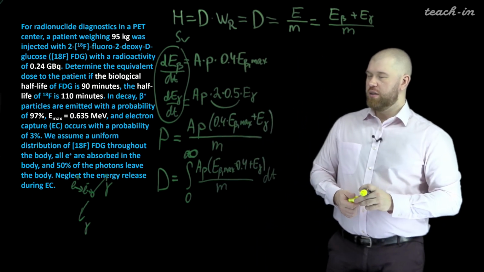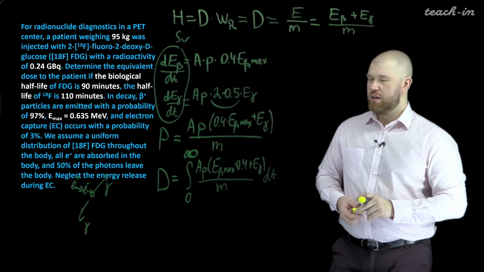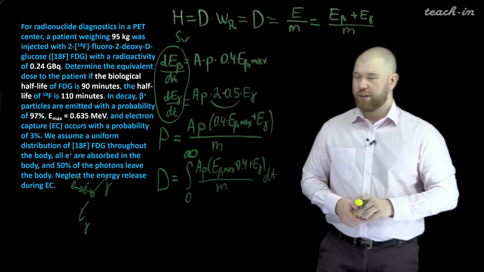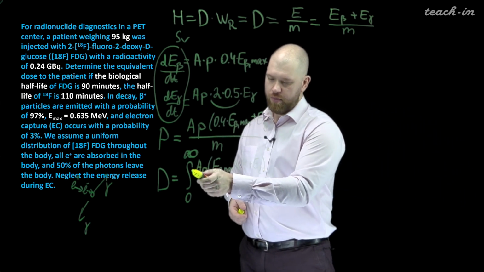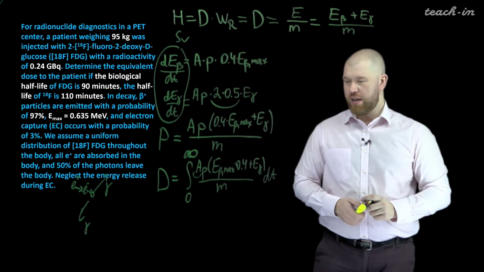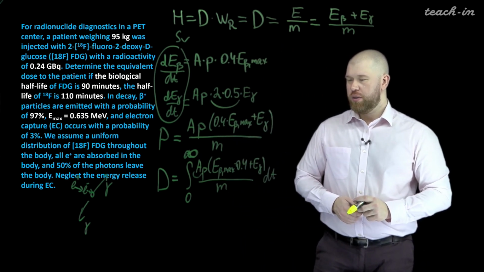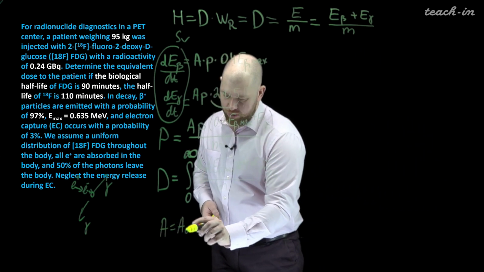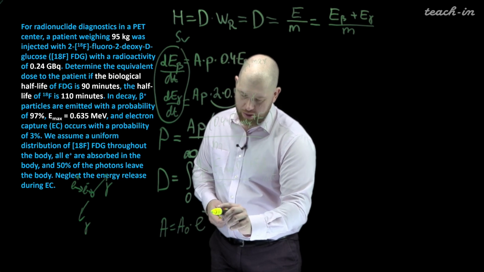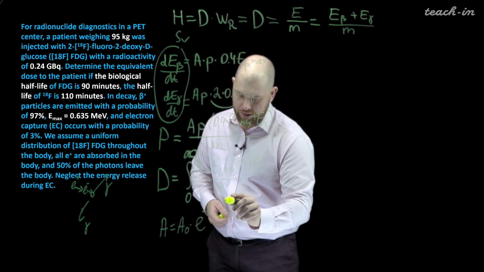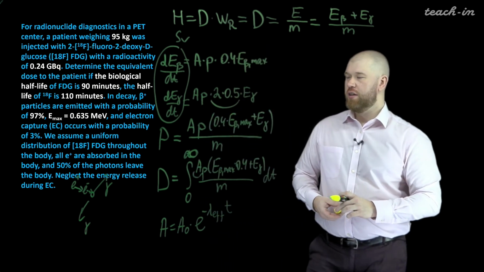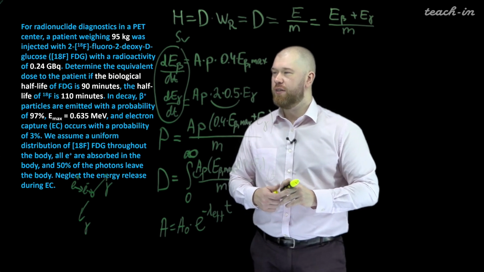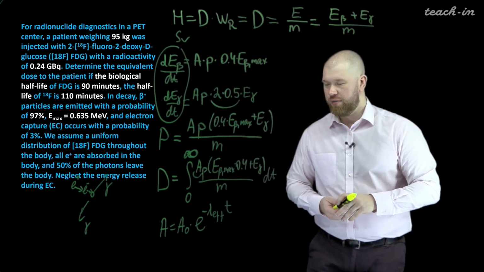But in this equation we don't see anything that depends on time, except only one value, this activity A. A is our A0 multiplied by the exponent of minus lambda effective t. Here lambda effective is the effective rate constant that depends on both the biological half-life and the radioactive half-life.